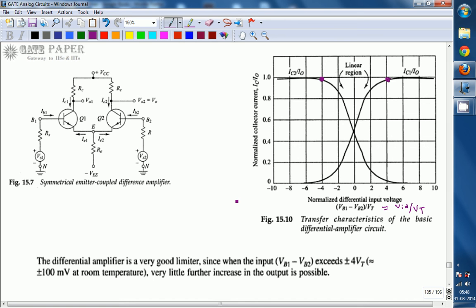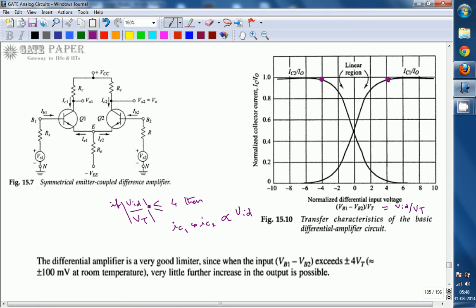From this characteristic, if VID divided by VT is less than or equal to 4, then the collector currents IC1 and IC2 are linearly related to VID.